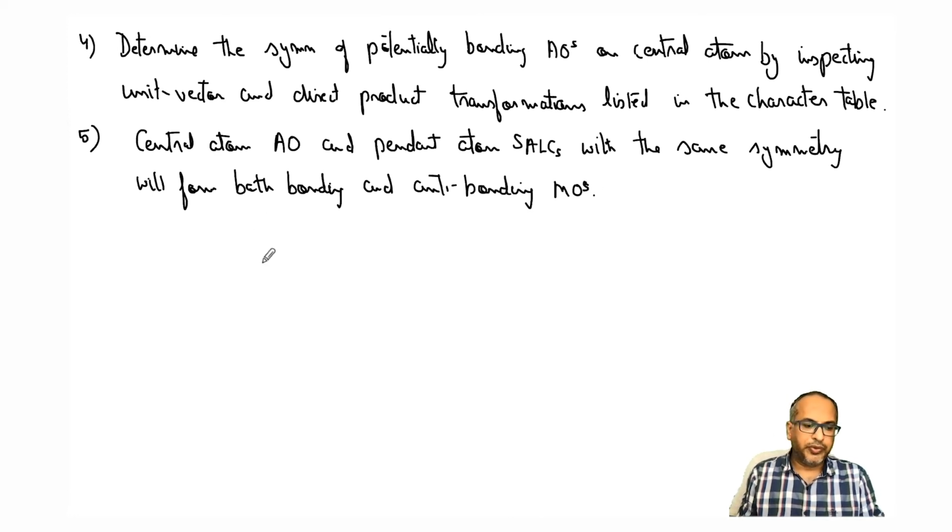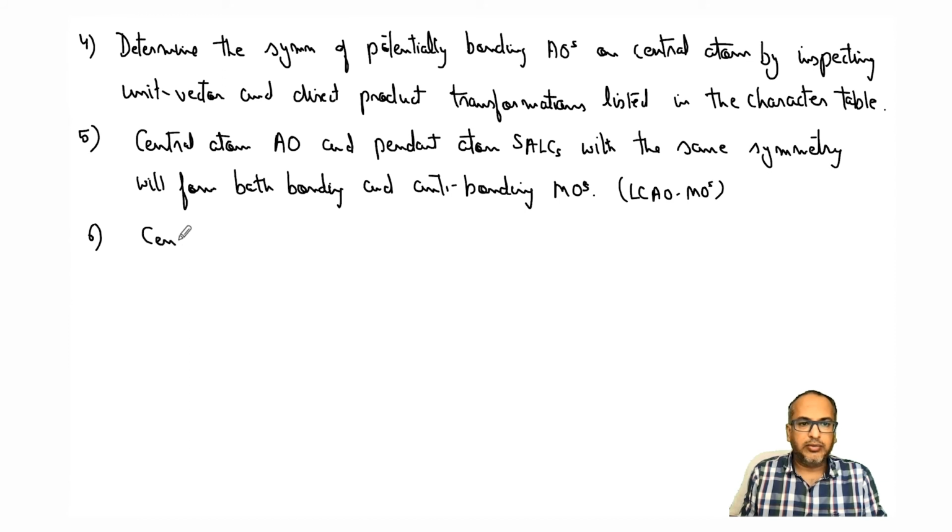Okay, you can say bonding and anti-bonding MOs, or we can say linear combination of atomic orbitals MOs, because this is a linear combination. There is no product involved here.